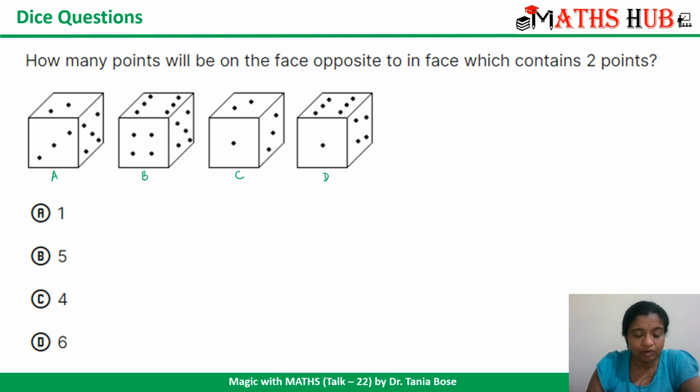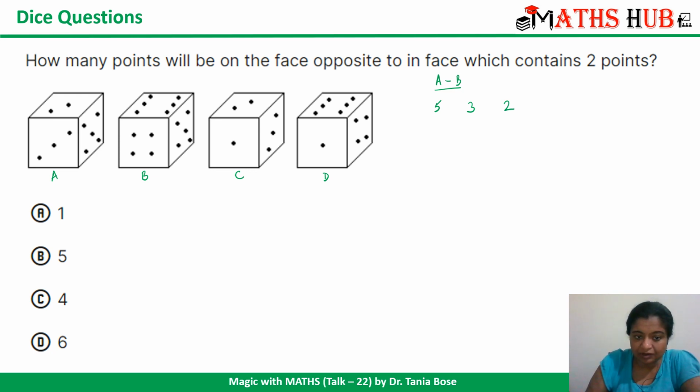You can take only two dice at a time. So let us take dice A and B. Can we see something common in dice A and B? You can see that only the number 5 is common, right? So we start with 5 and write the other numbers in a clockwise way. So we get 5, 3 and 2, right?